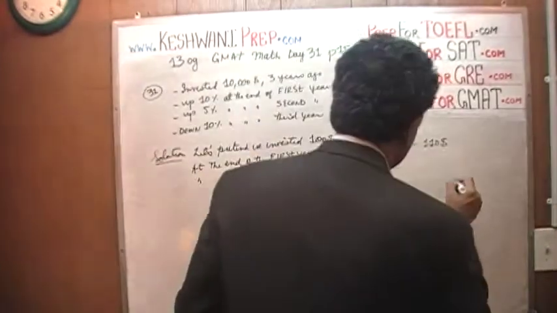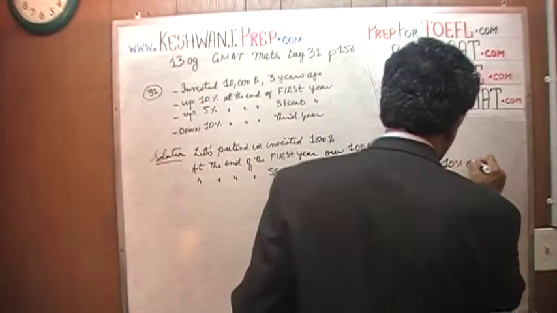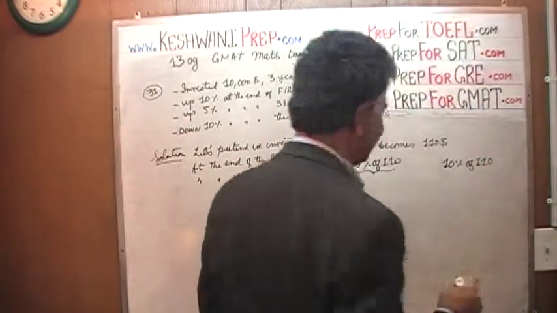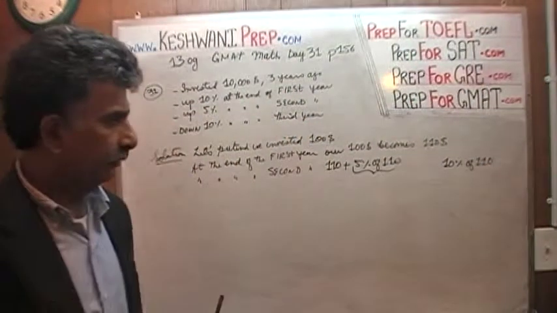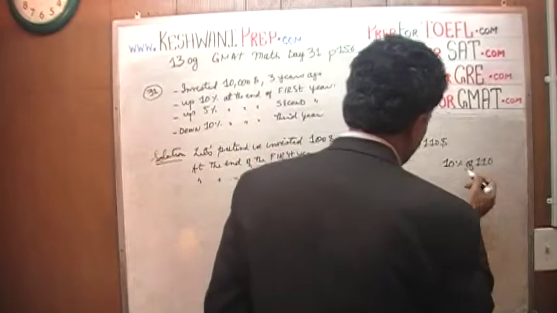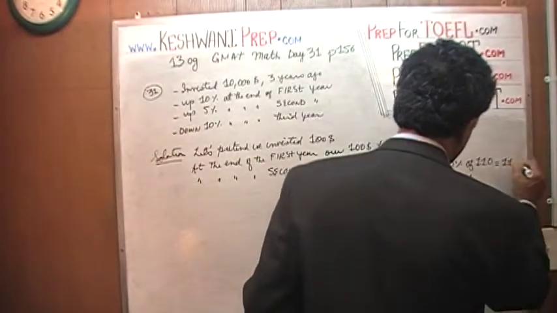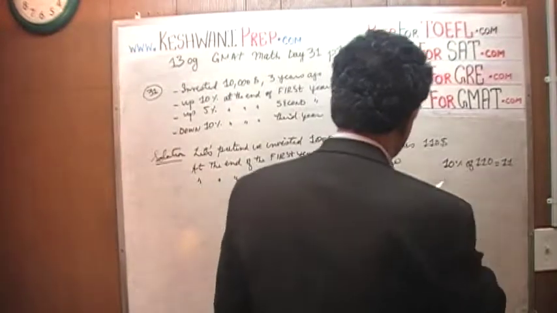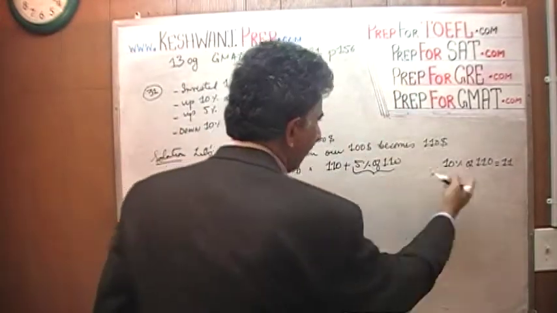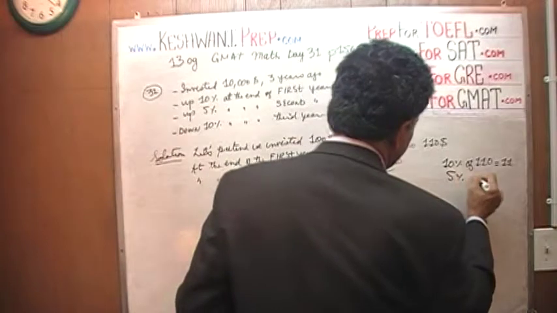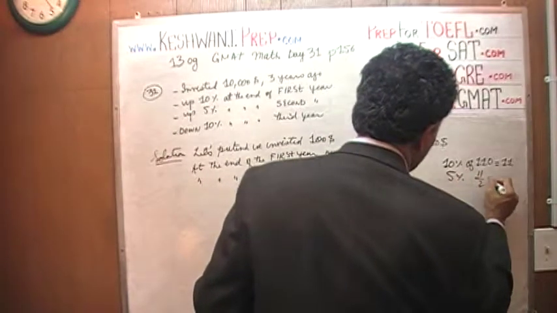So let's find out here. We know that 10%, if you want to find out 10% of anything, and if it ends in a 0, all you have to do is knock out the 0. So 10% of 110 is $11. Therefore, 5% must be half of 11. 5% must be 11 over 2 or 5.5.